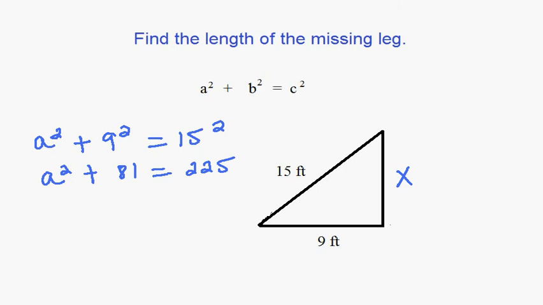So we now have a squared plus 81 equals 225. And we're now ready to solve for a squared. We're going to begin by removing 81 from both sides of the equation, which leaves us with a squared equals 144.